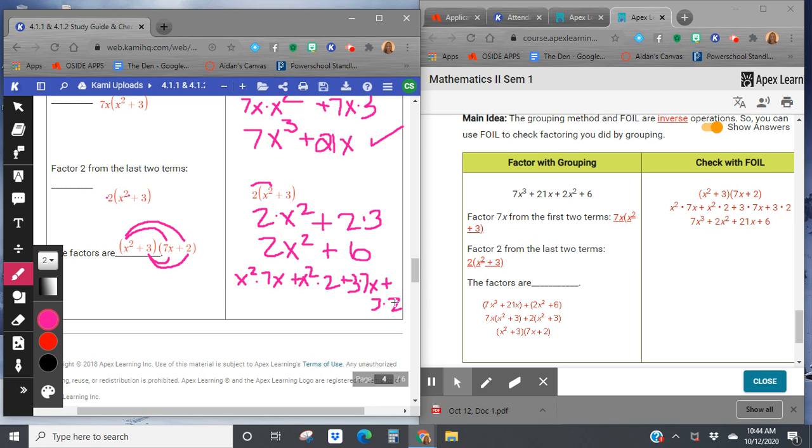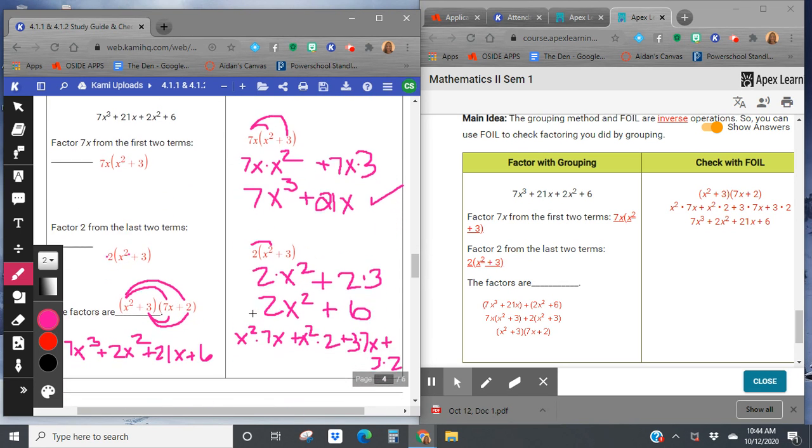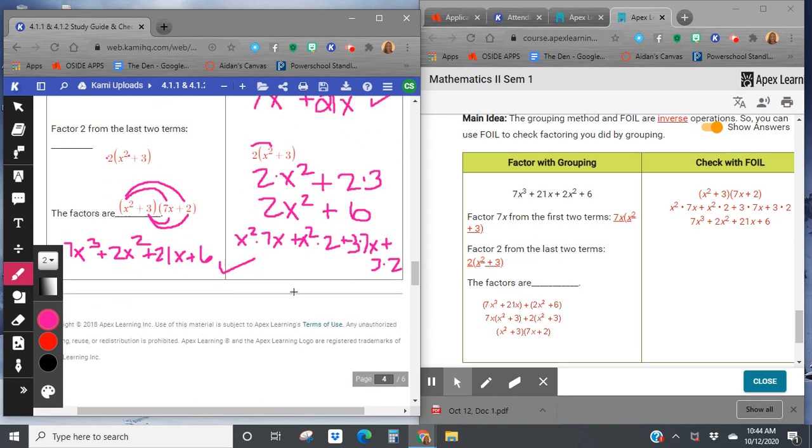And then I multiply these all the way out. I look up at the top, 7x cubed plus 21x plus 2x squared plus 6, and I'm left with what I started with. So foiling the entire thing here, multiplying out each part that we just got, this is our way to double check our answer.